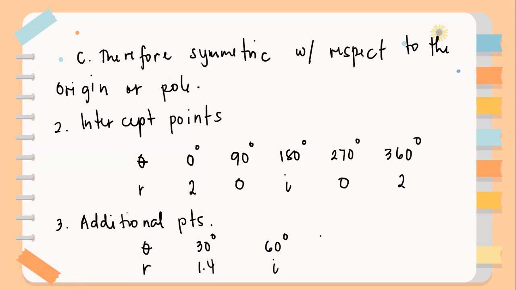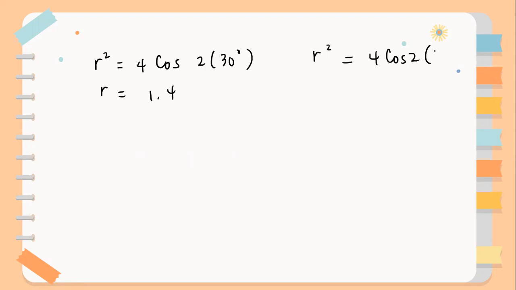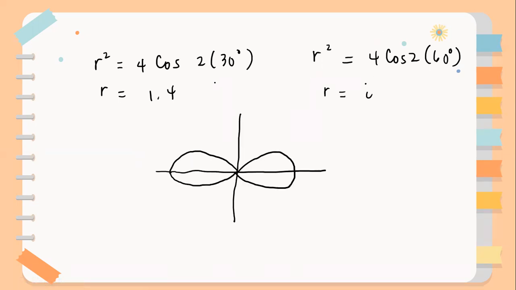Now we have r² = 4 cos(2 · 30°), of course, so r is now 1.4, and r² = 4 cos(2 · 60°), therefore r is imaginary. Okay, this one is the figure for this problem.